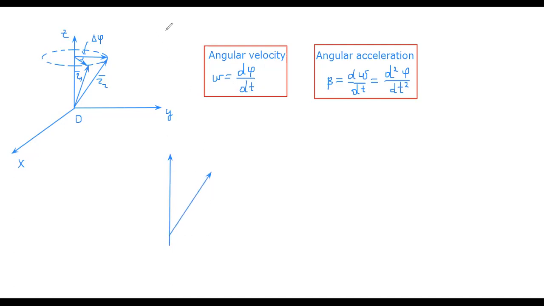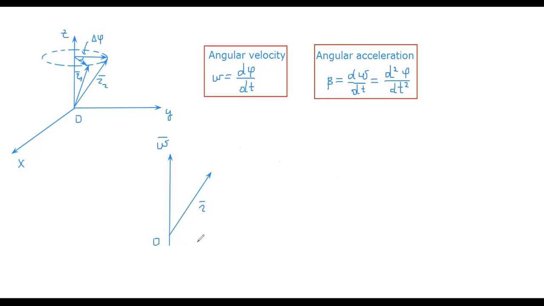For example, this is vector omega, angular velocity. This is the radius vector of some point of the rigid body.